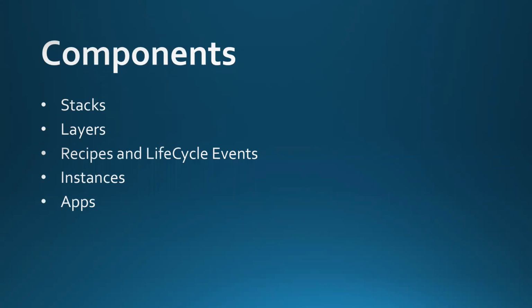Also, if an instance belongs to multiple layers, AWS OpsWorks Stacks runs the recipe for each layer. And if we have implemented the recipes, we can assign each recipe to the appropriate layer and event, and AWS OpsWorks Stacks will automatically run it at the appropriate time.